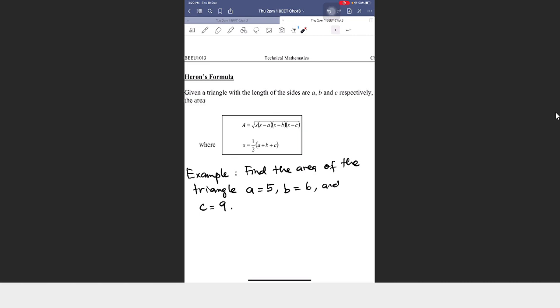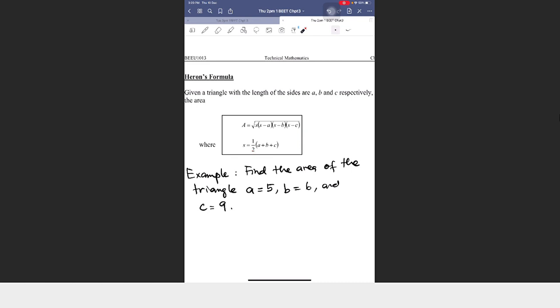Heron's formula for area is the square root of s times s minus a times s minus b times s minus c. A, B, C are the lengths of the sides of the triangle. So s is the sum of the 3 sides divided by 2.